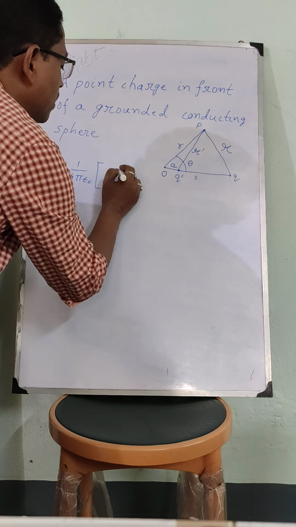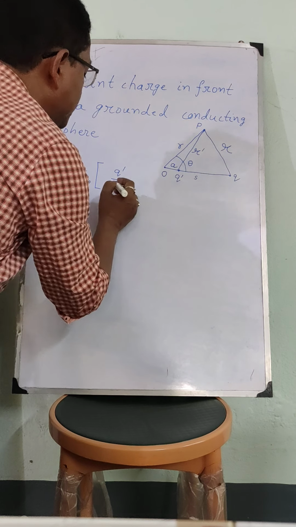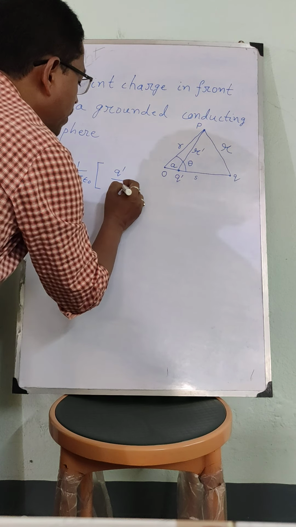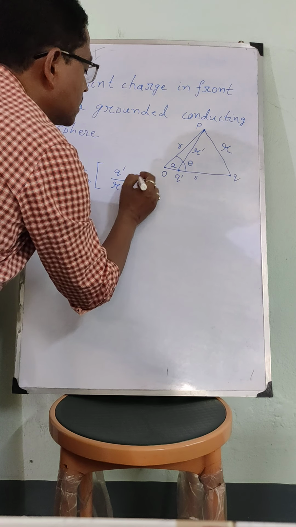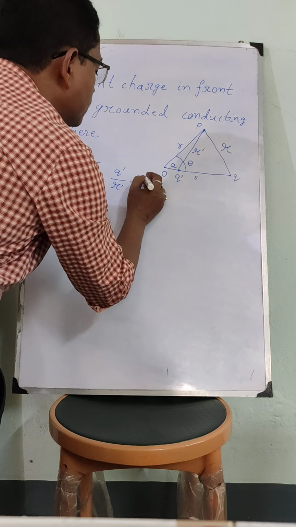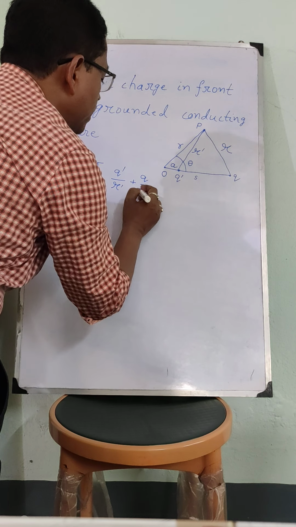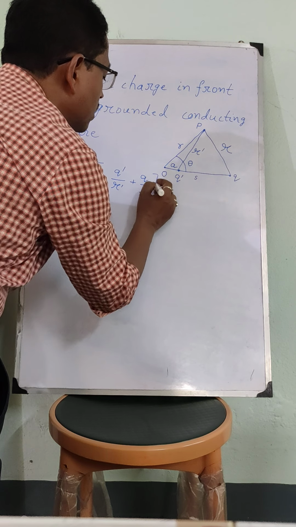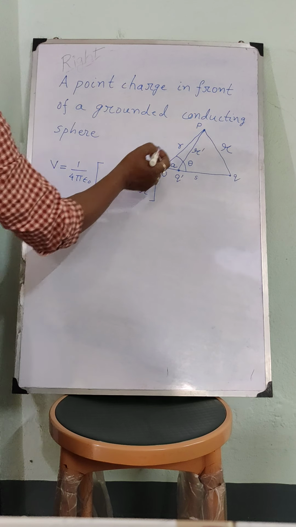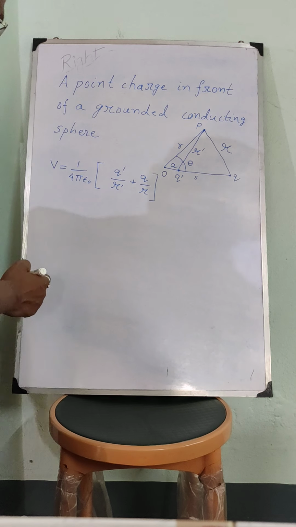Then q prime divided by this distance, that is r prime, plus q divided by this distance curly r. So this is the net potential at point P due to q and q prime.